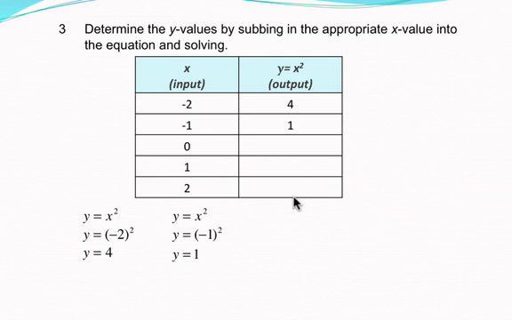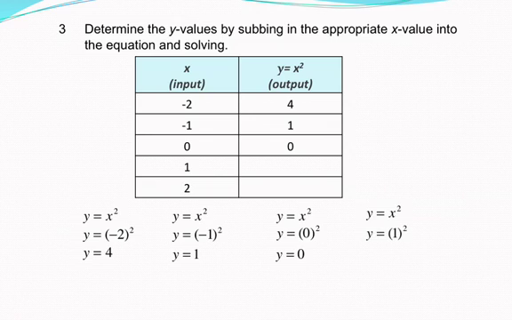Moving on. Sub in again. We're going to put in 0 for our x, and 0 squared, or 0 times 0, is 0. And so we place that into our table of values.